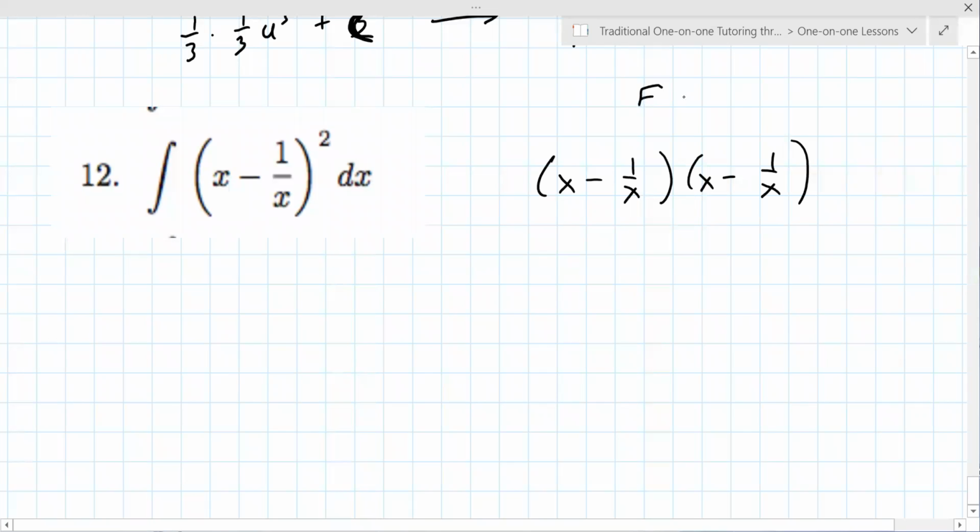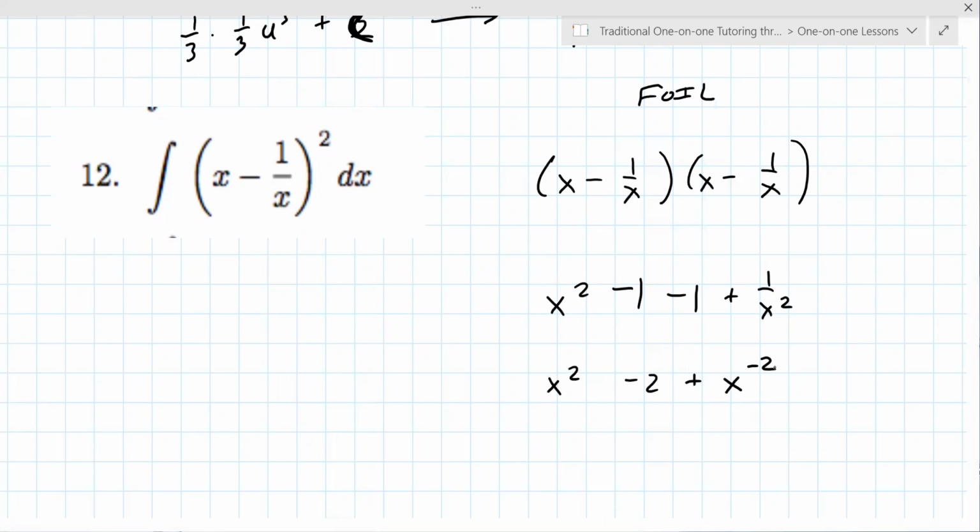So the FOIL here, it does reduce this a little bit. You get x squared when you do the outer, it's -1, the inner is -1, and the last is 1 over x squared. So you get x squared minus 2 plus, I'm gonna write it this way, x to the -2. And then you find your antiderivative of that.